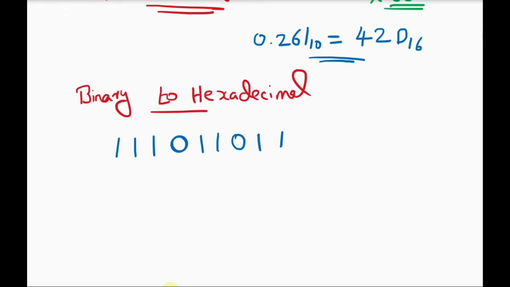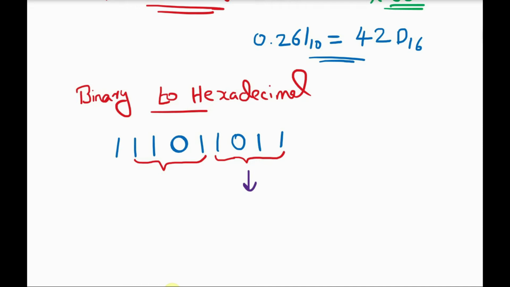So from the right side, this is a group of 4 bits. Again, this is a group of 4 bits. The last group may have less than 4 bits or it may have 4 bits. If it is less than 4 bits, leave it as such. So the answer is 1011. 1011 is 11.